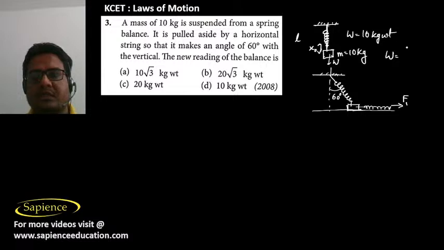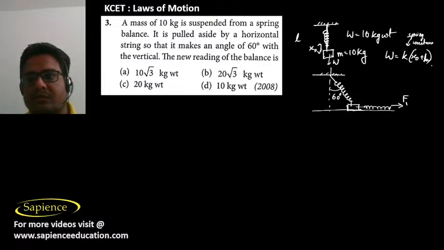Then we can say that W equals K into (X naught plus L), where K is the spring constant. Then this length is L plus X naught, and this other length, suppose, is Y.